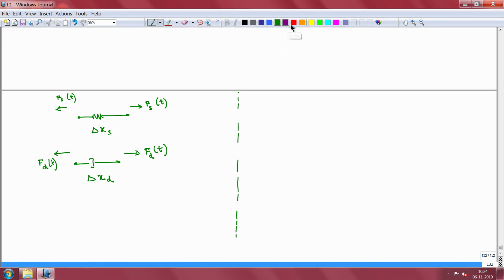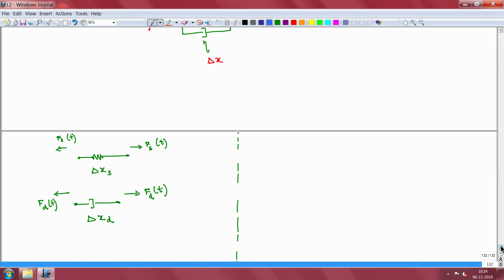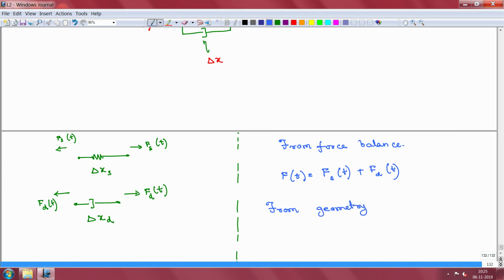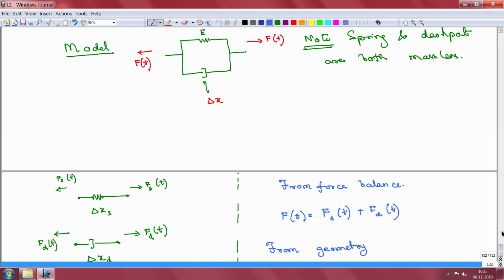So, from force balance for the model, we can say that F(t) is equal to the force in the spring plus the force in the dashpot. From the geometrical constraint, geometry here plays an important role, because you have placed this in parallel.